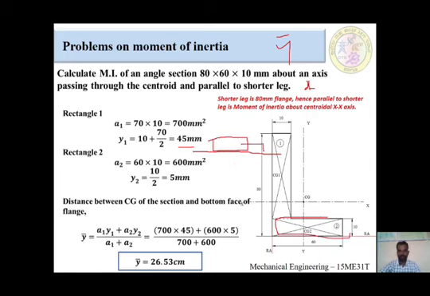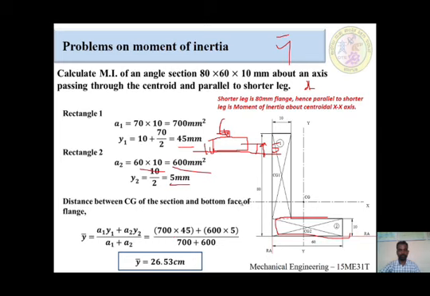From here to half of the component is the y value. How much? 10 divided by 2 is equal to 5. Area is 60 and 10 millimeter. Area is 60 into 10 is equal to 600 millimeter square. From the horizontal axis to half of the component is 10 divided by 2. For that reason, we take y2 is equal to 5 millimeter.